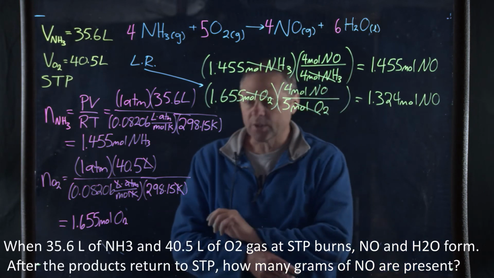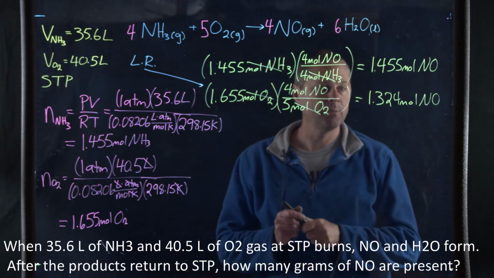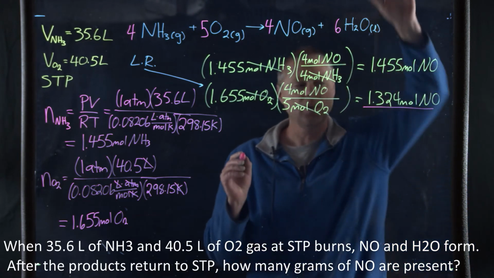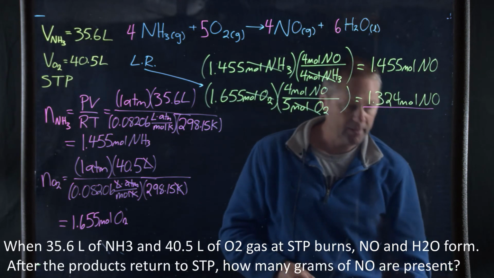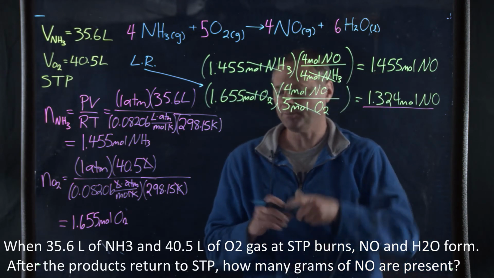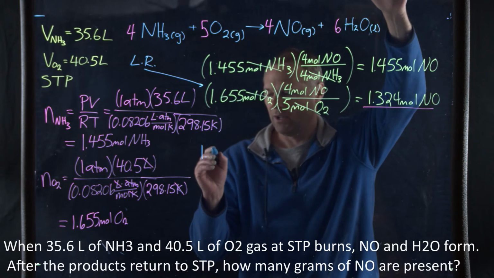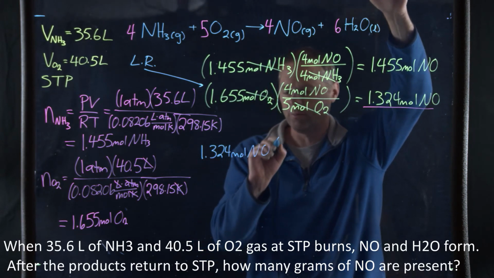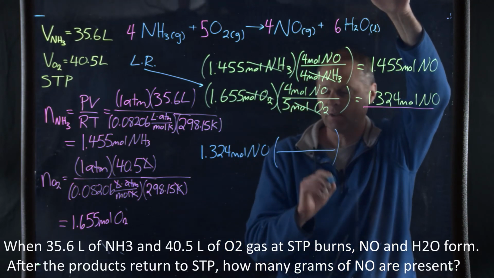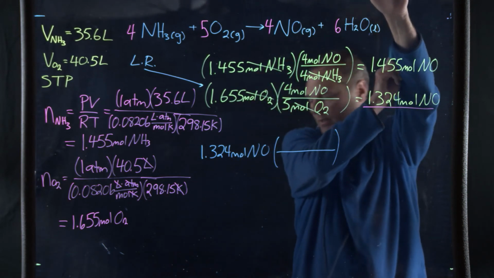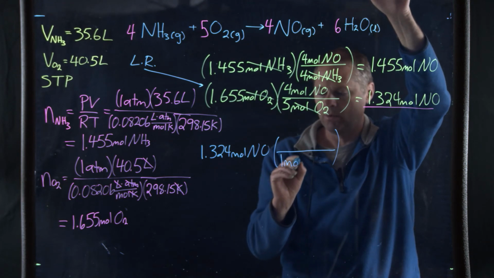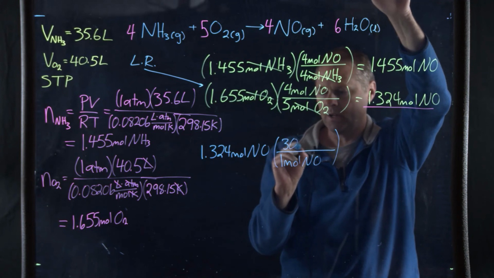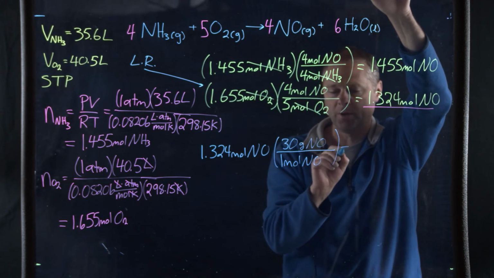Now we want to come up with the grams of nitrogen monoxide, and we're going to be using this number because that's as much as we can possibly produce. So we start with that, and we're going to convert that into grams. So we have 1.324 moles of nitrogen monoxide, and we convert that using the molar mass. 1 mole of NO is equal to 30 grams of NO from the periodic table.